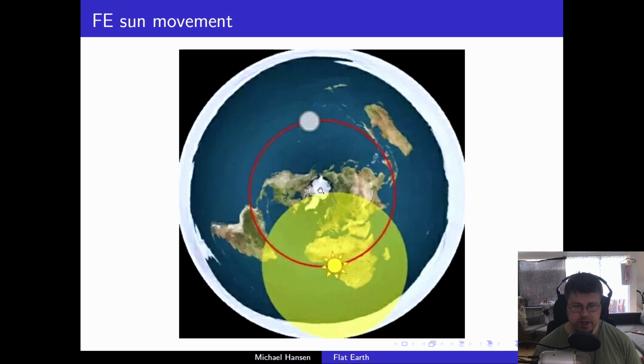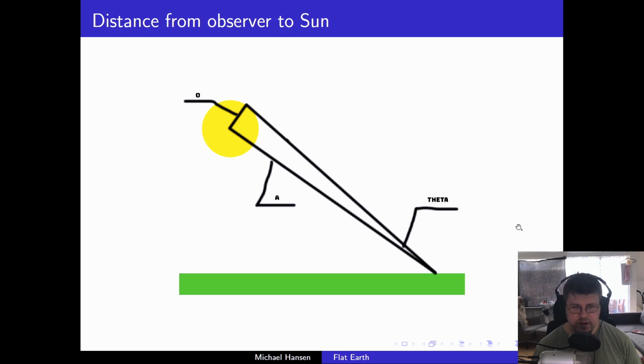If we assume that we have an observer standing here exactly at the North Pole watching this sun right here, and we have some person here standing in the middle of Africa looking at the sun, we can roughly say that we have the size of the sun, which Rowbotham has given us, which is O, we have this distance here, which is unknown to us, which is A, and we have the angular size here, which is theta. That has to work because we have just shown that this has to work.